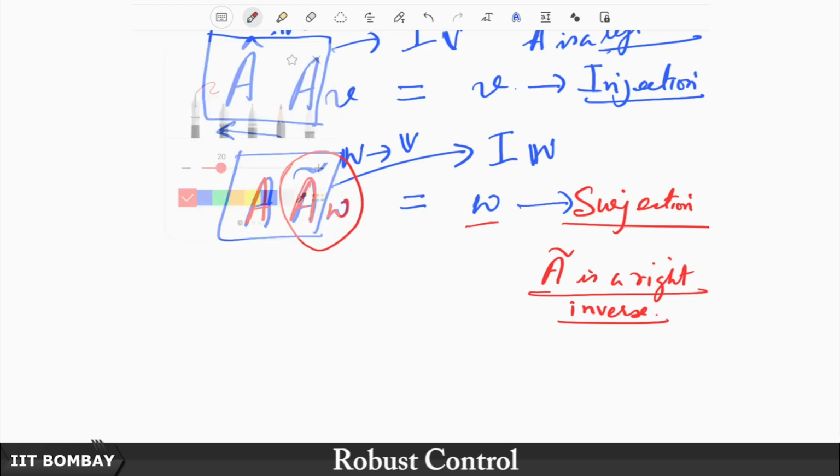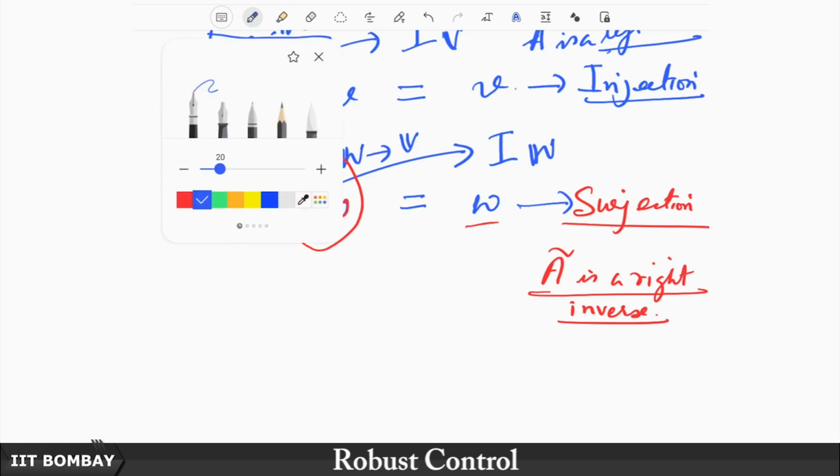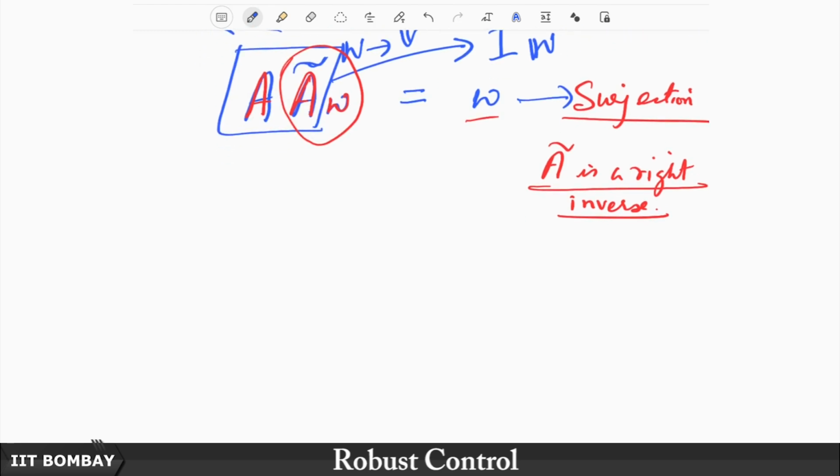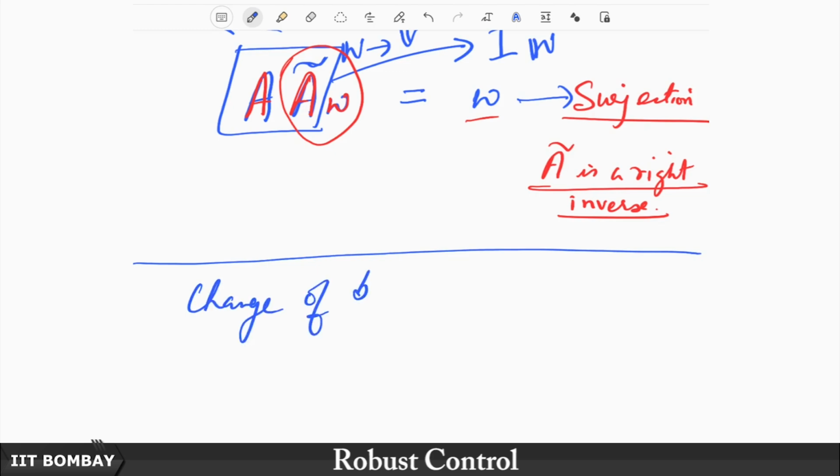With this we will now move to the next topic of linear algebra in this sequence, which is basically, now that we understand what a linear map is, this idea of change of basis.